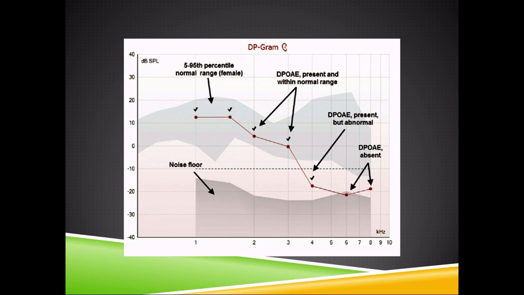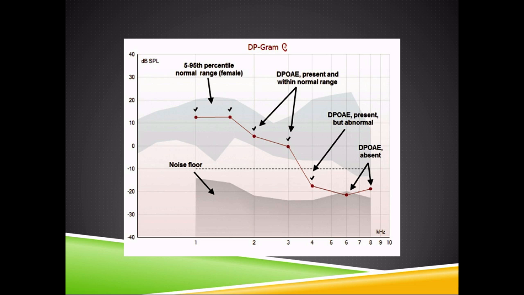This is a way to look at it with norms. So you're always going to see the noise floor. But in this one you have a shaded area, that light blue shaded area right there is showing you the normal range. And so you're looking at a couple of things here.